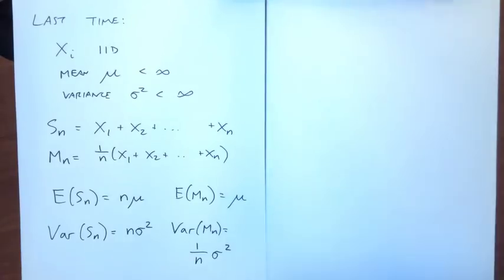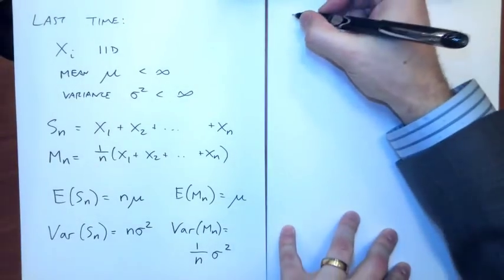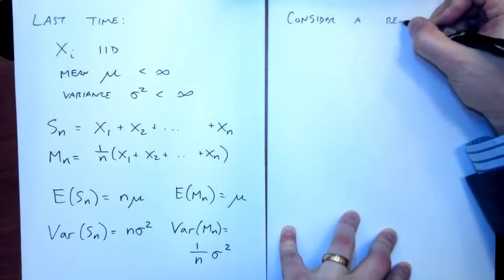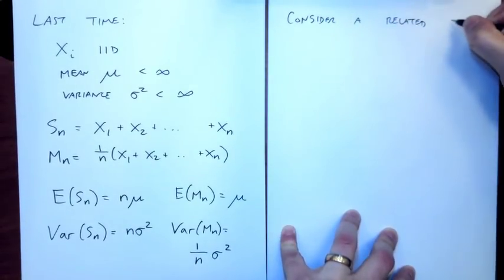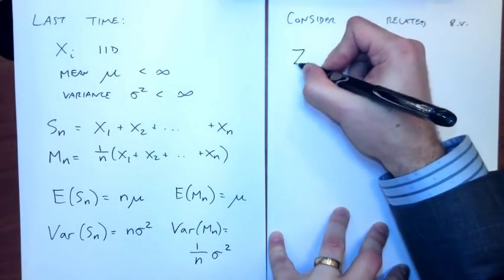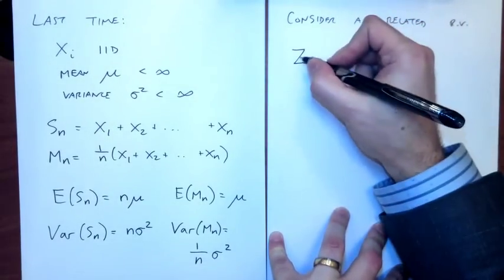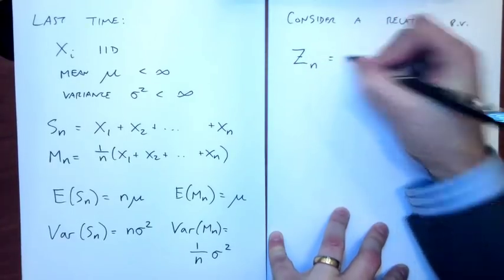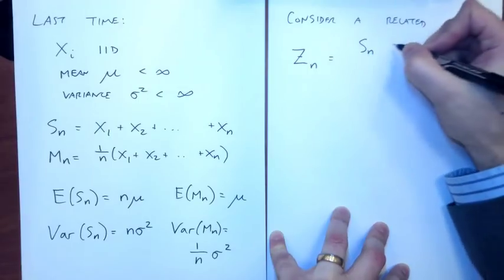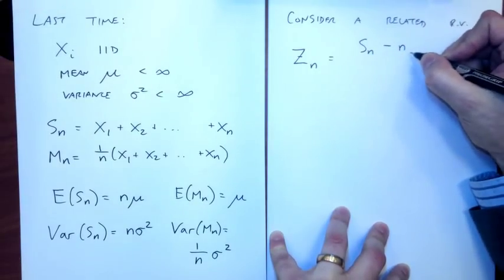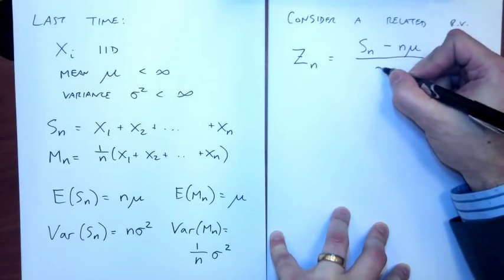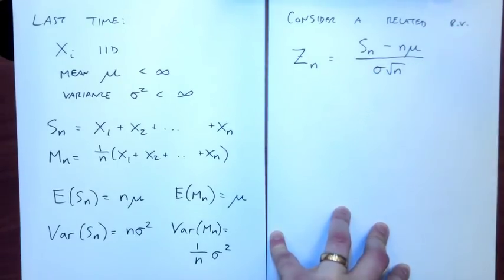So let's consider a related random variable, and I'm going to call that Zn. Zn is the sum of the n random variables, minus n times mu, divided by sigma times square root of n.